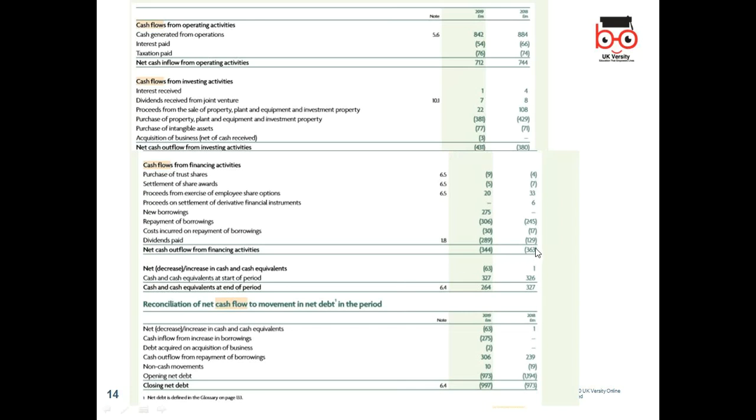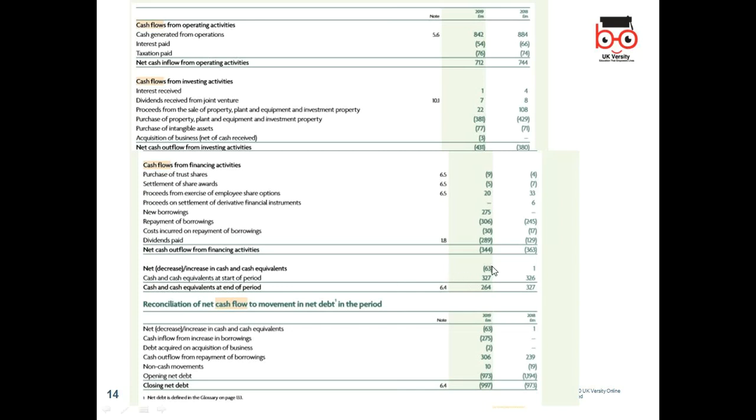Then the financing activities, your borrowing activities, we can look around. If you look there, we borrowed less money. Last year was negative 363, the money we used to settle our liabilities. This year we used 344 million to settle the liabilities. So then we can look at the net cash flow.